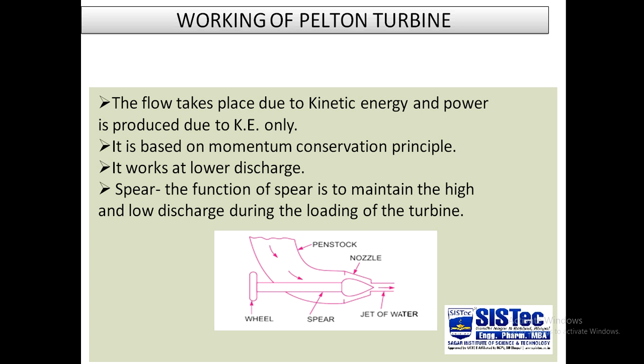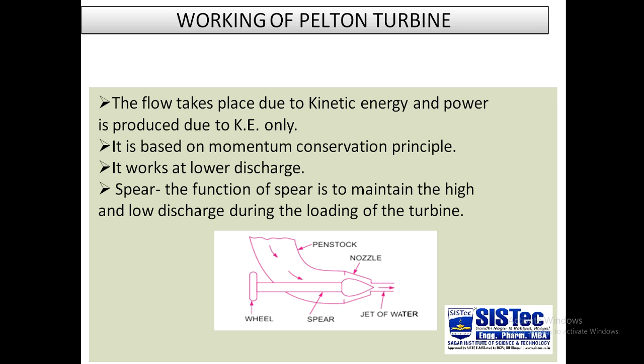The pressure at the inlet and the outlet of any Pelton turbine is atmospheric only. Now it is based on the momentum conservation principle. Why is it based on the momentum conservation principle? When the water is flowing in the penstock, it has some velocity, and we can see at the bottom of this slide the typical section of the outlet of the penstock.